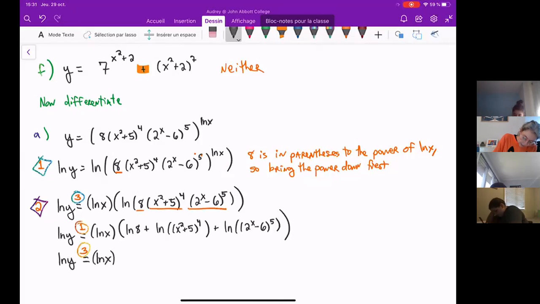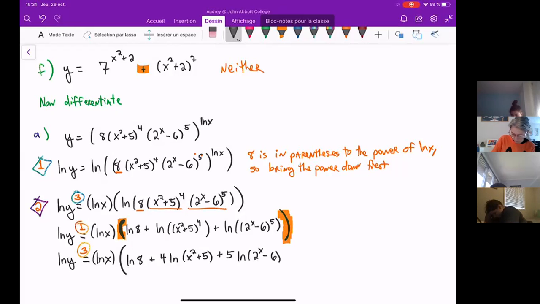Now notice this ln x is being multiplied by everything. It's like I have these big parentheses here, and these parentheses are super necessary. So I have ln 8 plus 4 ln of x squared plus 5 plus 5 ln of 2 to the x minus 6.